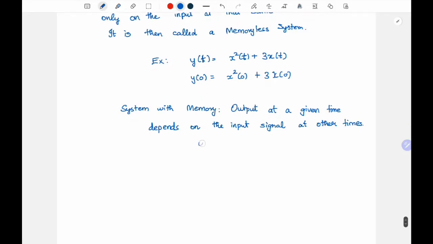So a simple example will be y of t is equal to x of t minus t naught, where t naught is not equal to 0, right? This is at an earlier instant, and it can also be at a future instant.